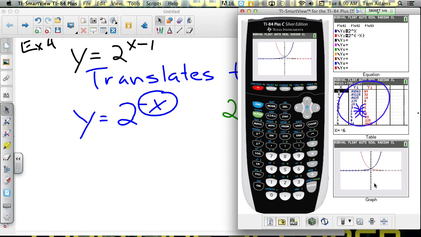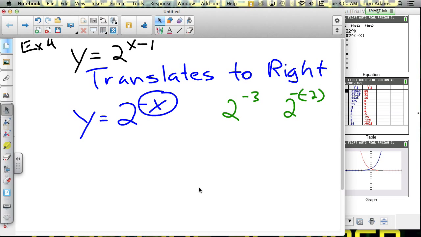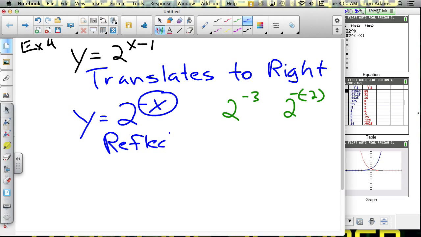Those are all flipped, and that's based on that negative sign. Any questions so far? Okay, good. So what this does is it's going to reflect, is the fancy geometry term, over the x-axis, or I'm sorry, the y-axis.